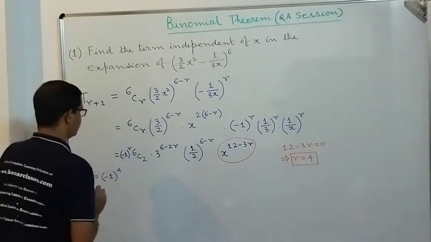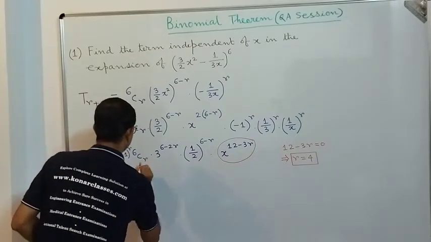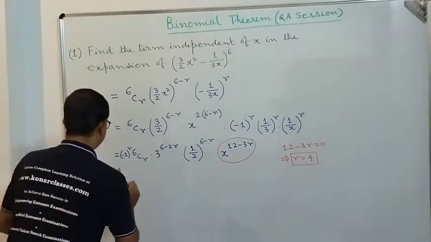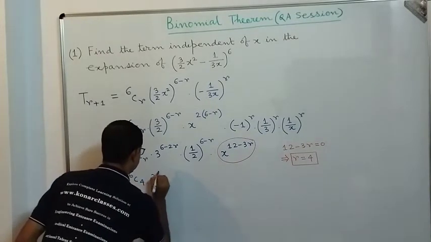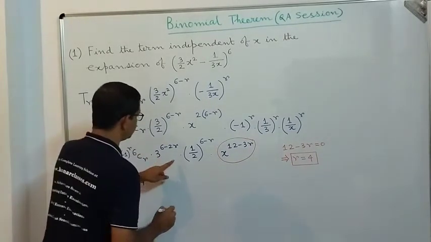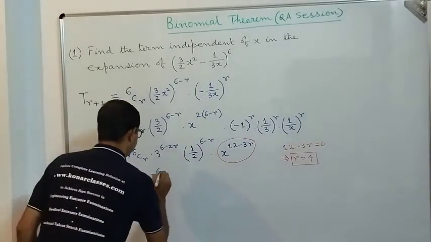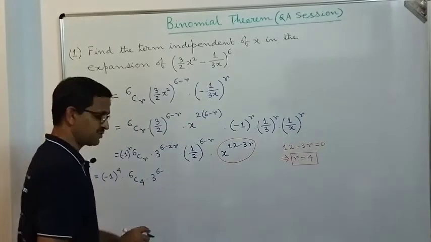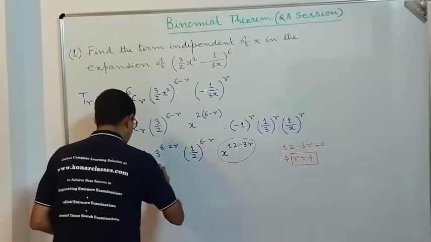Oh sorry, here it is not 6C2, it is 6Cr. So we have 6C4 into 3^(6-2×4), that means 6 minus 8, which is 3^(-2). 3^(-2) means 1/3^2, correct?